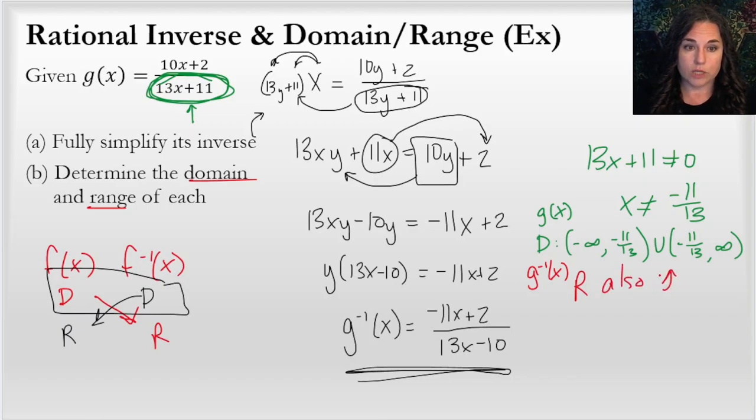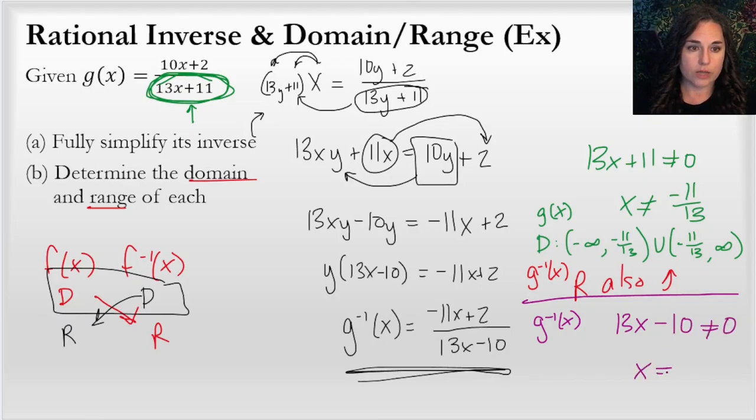All right, done. The other thing I need to do is figure out, I can get a different color out here. I'm using more colors than I usually do. That's fine. For the inverse of the function, I cannot have 13x minus 10 equal to 0. So I know that x cannot equal 10/13. Okay, so that will give me my domain for my inverse.